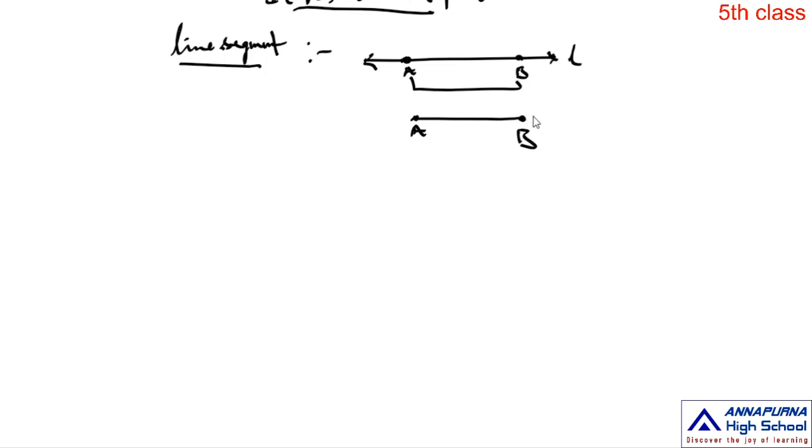So we cannot extend the line segment indefinitely on both sides. Suppose if we extend like this, it is wrong. Why? Because it has endpoints.